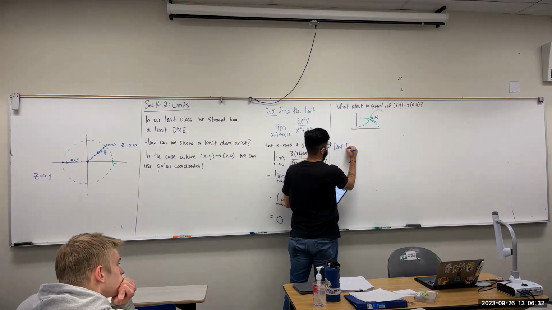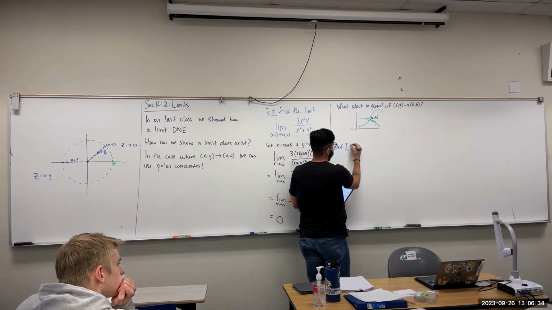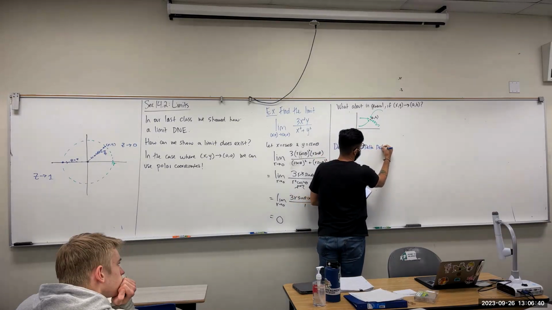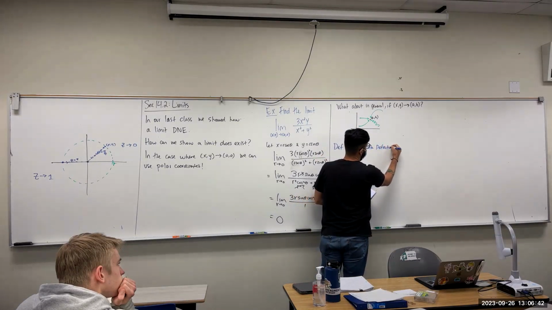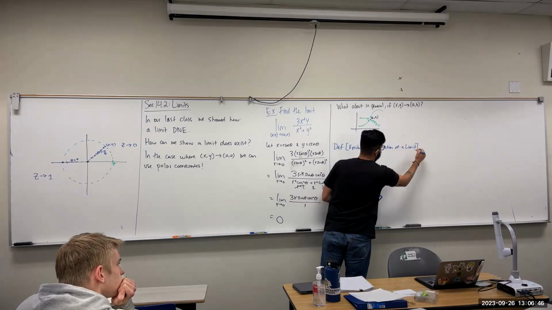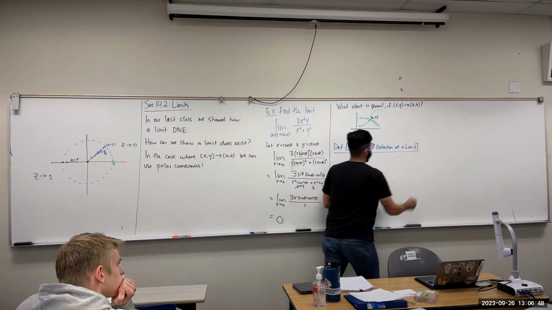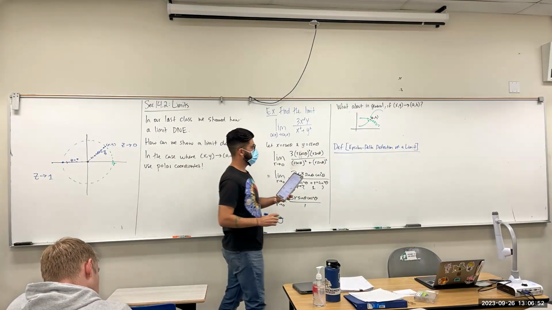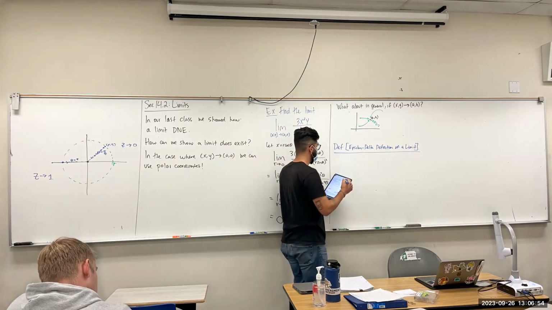This is called the epsilon delta definition of a limit. It's a mouthful, so let me write it down and then I'll try to explain what it's saying in English.